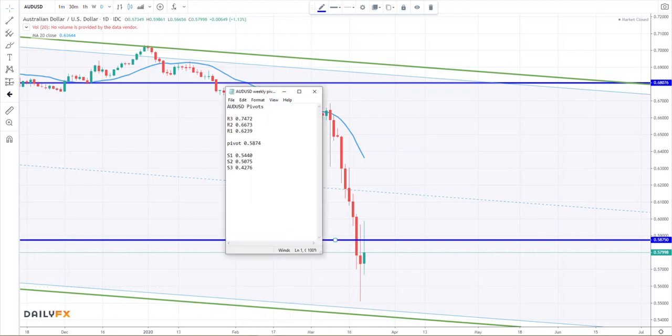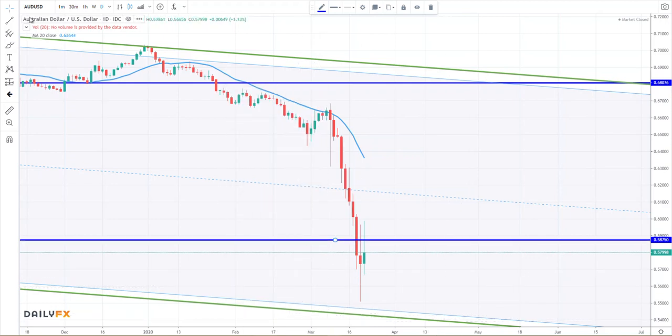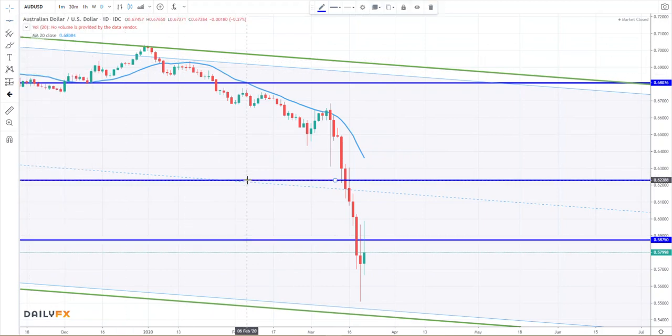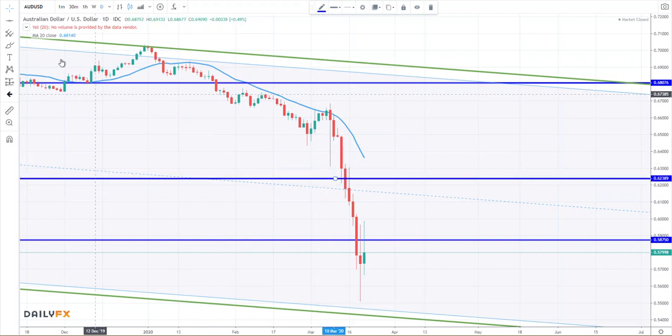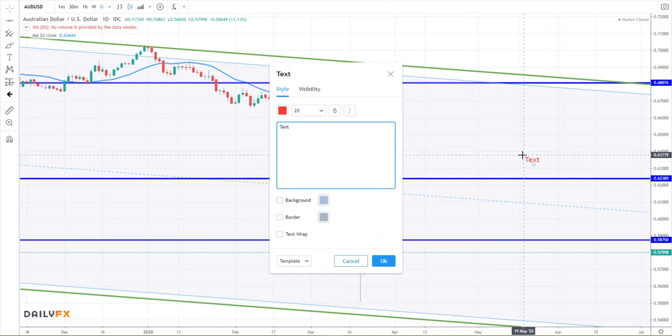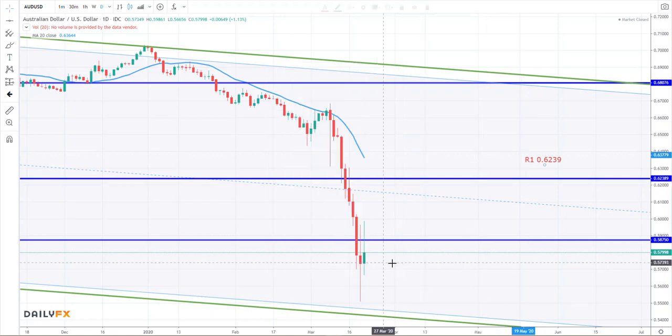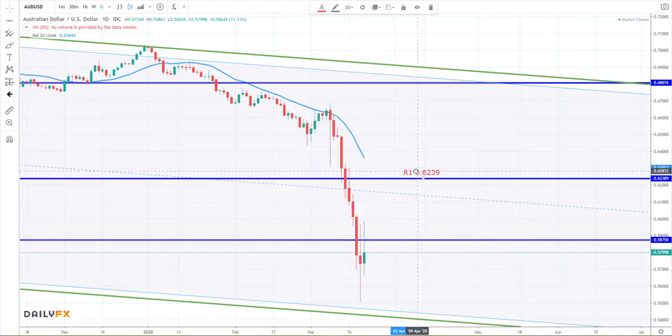So then beyond that, we look at R1 at 62.39. About there, we see that last little plateau broken by price. So R1, 0.6239. Okay, which lines up where, if we imagine that price were to spike up in the next couple of days?